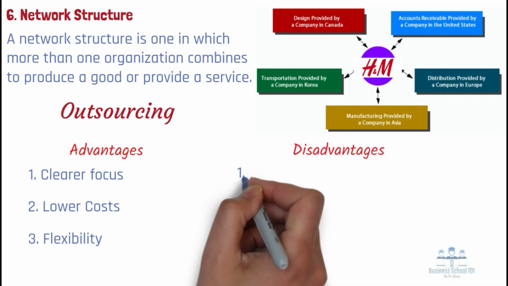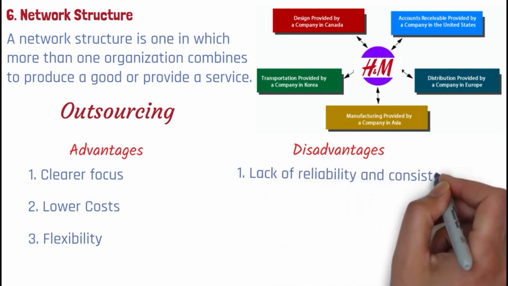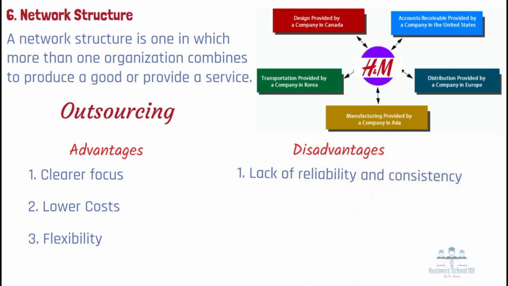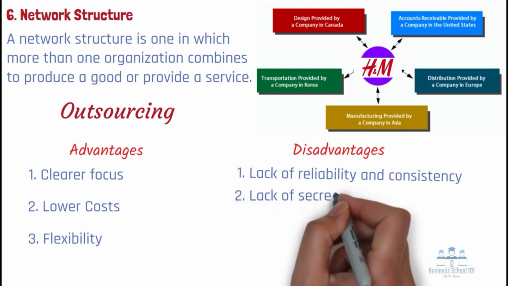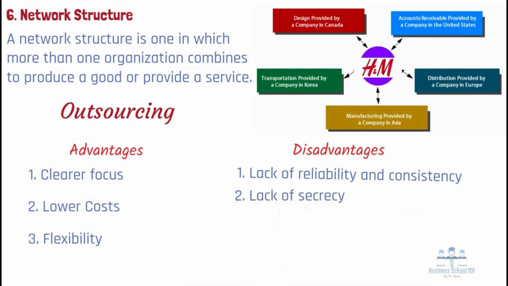Disadvantages. 1. Lack of reliability and consistency. When a firm indulges in a network structure, it gets more spread out. As the network of an organization grows, it gets more and more difficult to control such a widespread network. 2. Lack of secrecy. When you outsource some work to another firm, that firm may also be doing work for your competitors. Your firm's secret information may get leaked to your competitors by the firm working for you. 3.